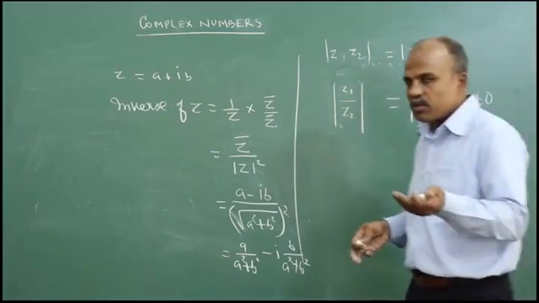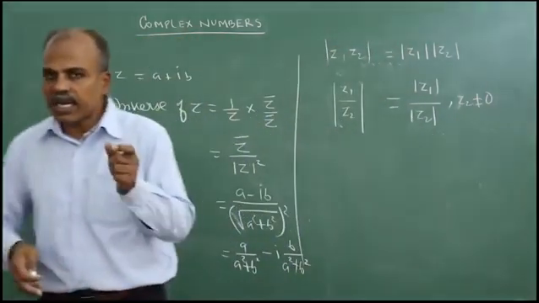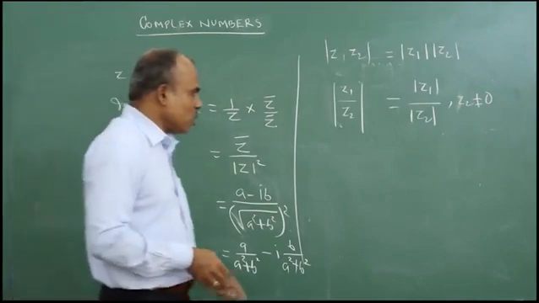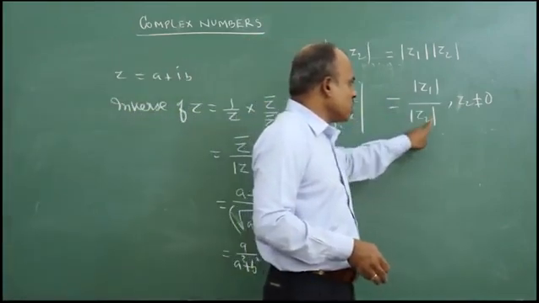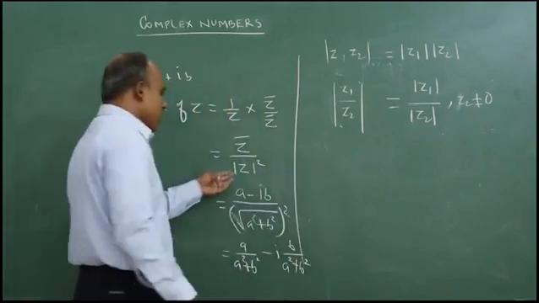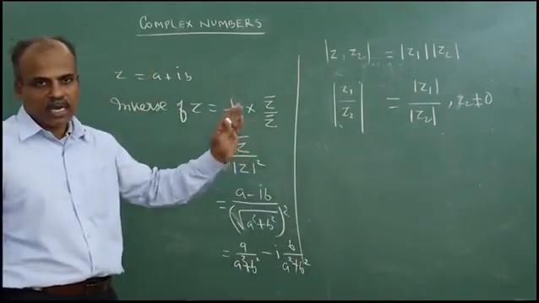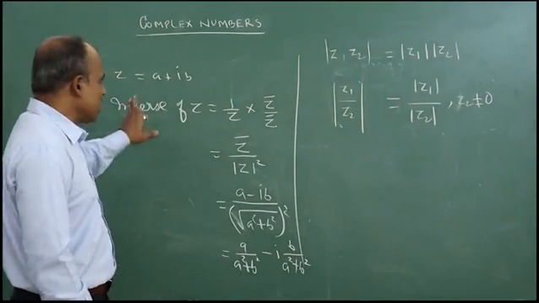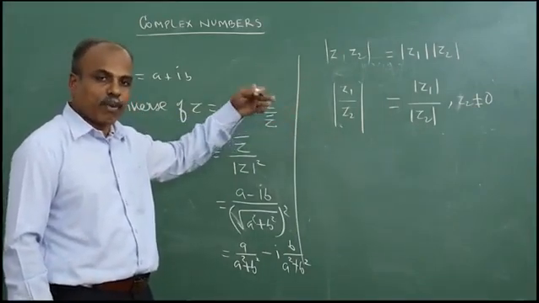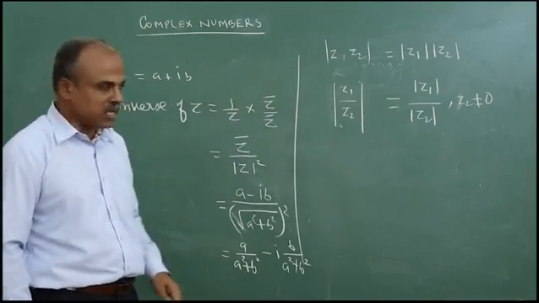So when you express any two complex numbers as a quotient, the denominator must not be equal to 0. So modulus of z1 upon modulus of z2. And likewise z bar that we have seen, that is modulus of z square. So these are the important properties under multiplication.